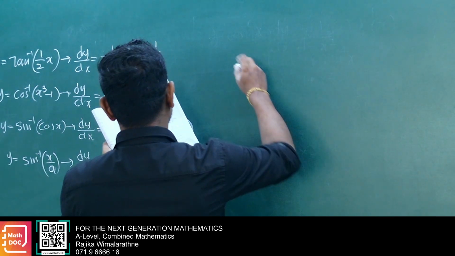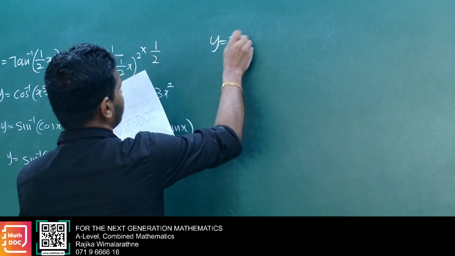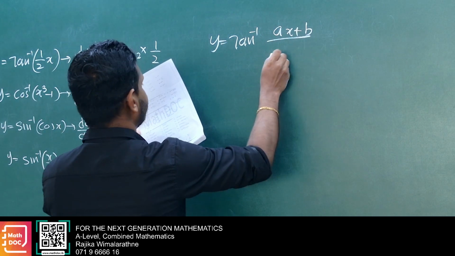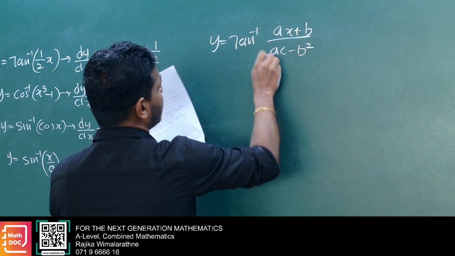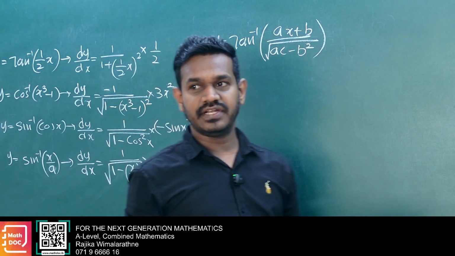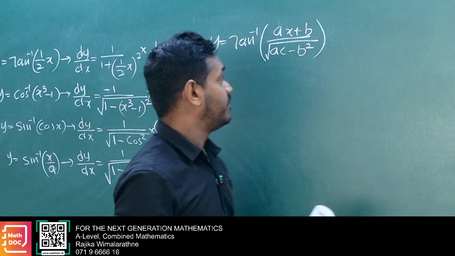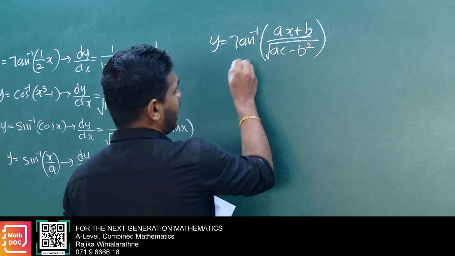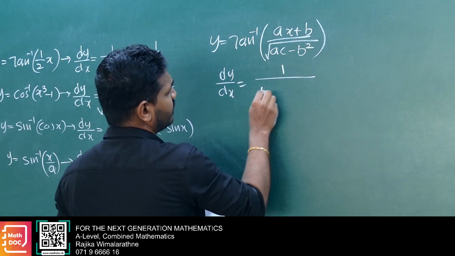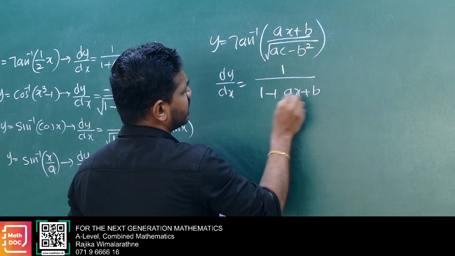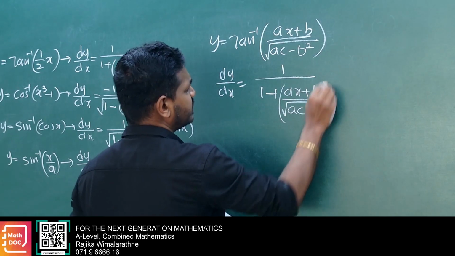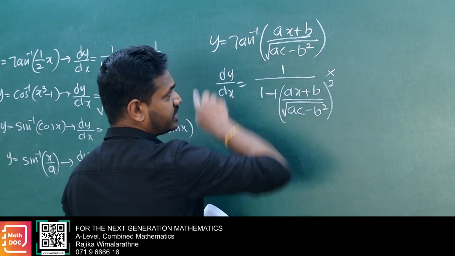Okay. Then y equal tan inverse of (ax plus b) over root of (ac minus b). You identify that usually x is the variable and the others are constants. Then the derivative of tan inverse: dy by dx is 1 over 1 plus ((ax plus b) over root of (ac minus b)) to the power 2, times the derivative of this one.